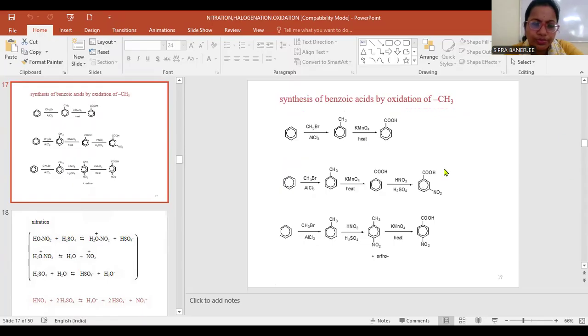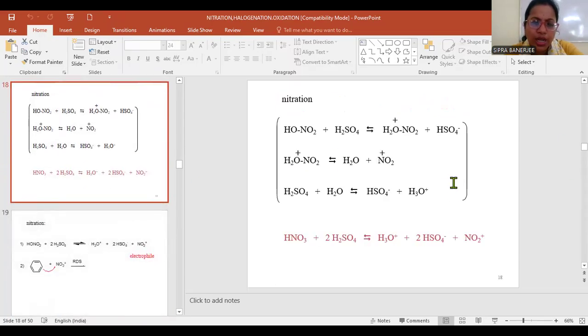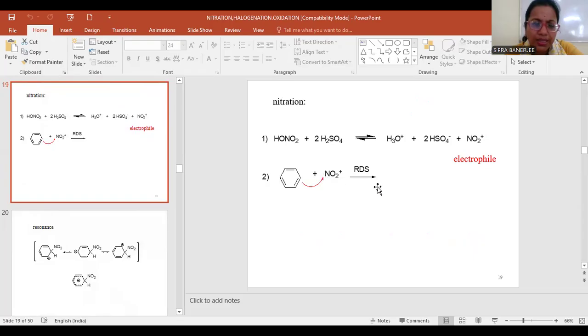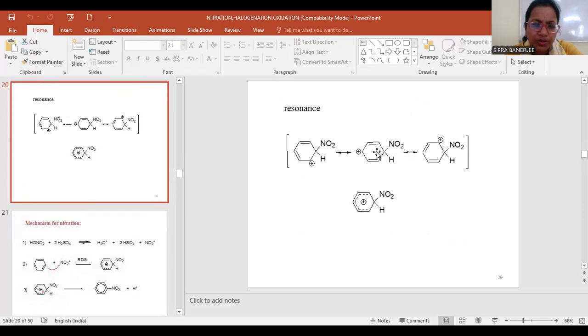Now, going directly to the nitration, here the electrophile nitro group is formed first from nitric acid, HNO3. Then NO2+ will be formed as an electrophile, and there will be another HSO4- and H3O+. So this nitro group will be added to the benzene, and there will be a resonance effect.